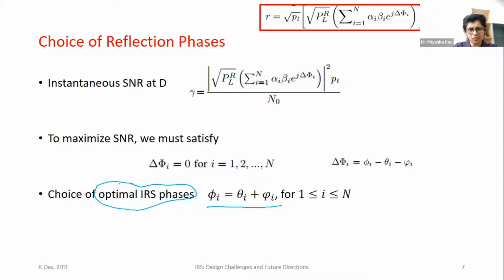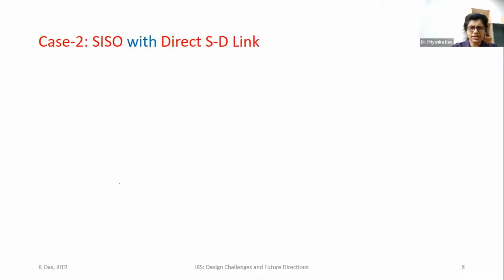But what is the main objective? You have to maximize your SNR, which will minimize the error probability or outage probability. But also keep in mind that I will have some more constraints depending on the different setups. So this is my case 1.